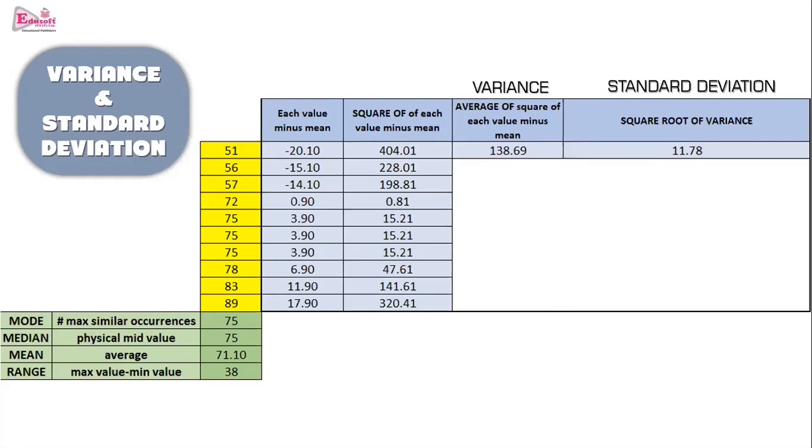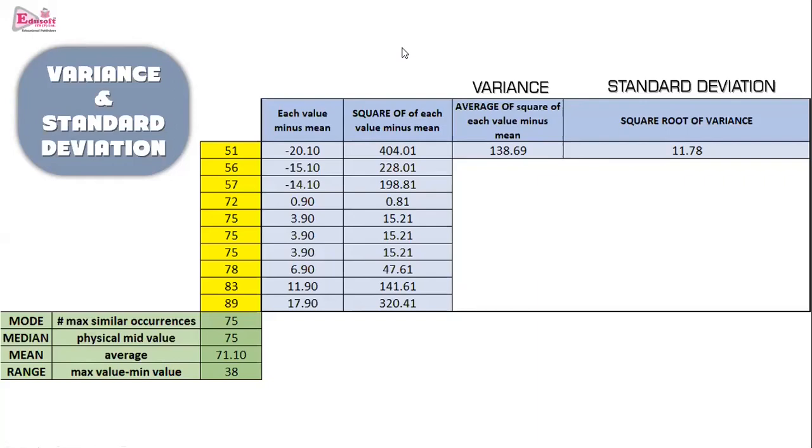Minus 20.10 has become 404.01 and so on. And then once you have taken the square of this difference of mean minus value, we simply take the average of this. And that average is actually the variance. So variance is actually the average of the square of the difference of each value in the data set and the mean of that data set.